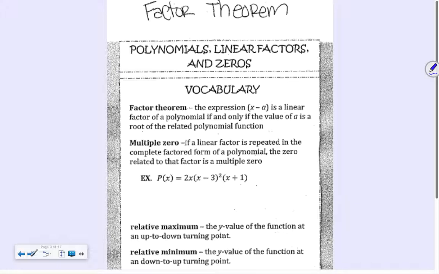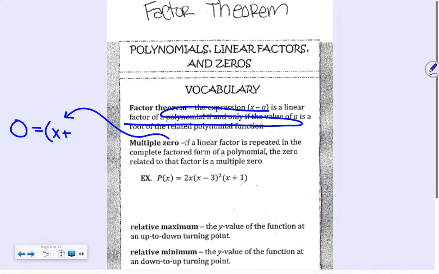Okay, factor theorem. I am not going to read this piece to you. I'm going to start right here. Zeros. Do you know what zeros are? I think you do. If you go back to the last unit, do you guys remember doing this? X minus 2 times x plus 3. When is it 0?